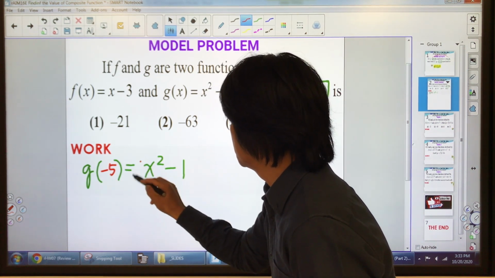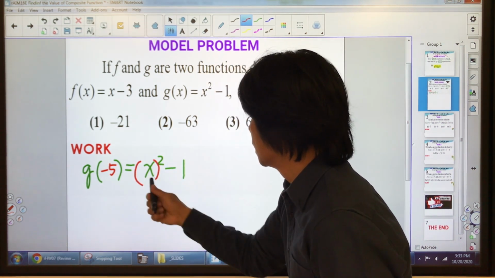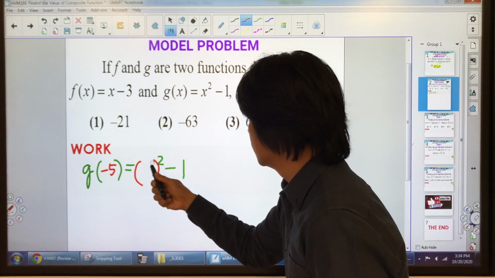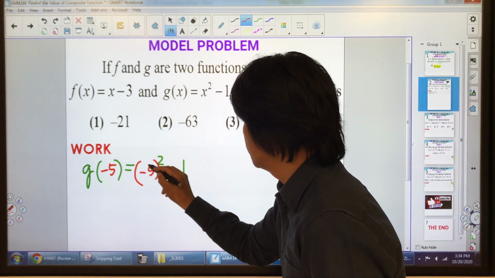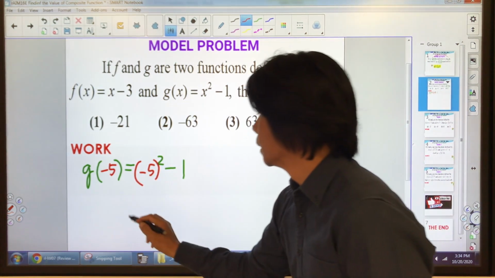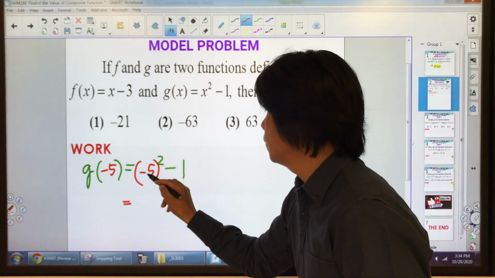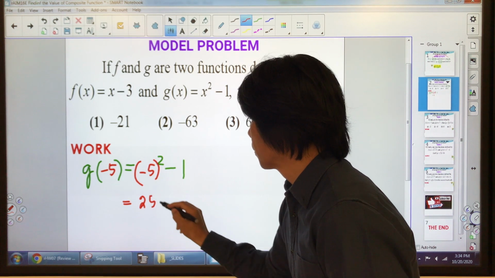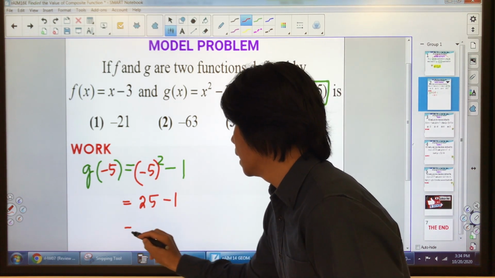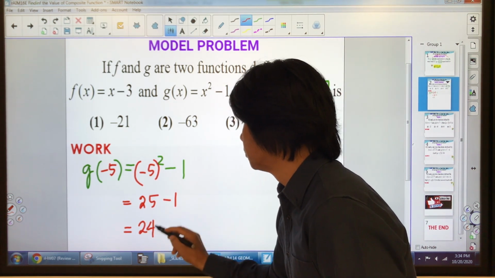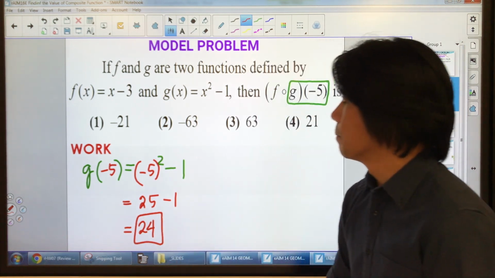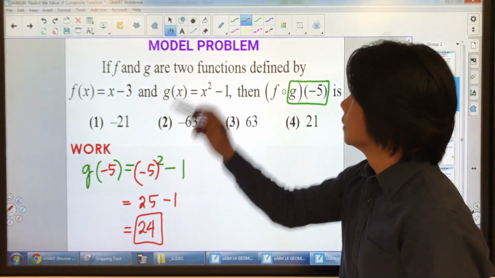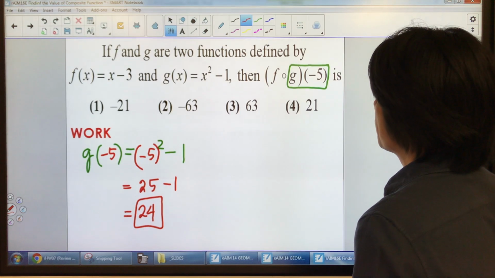We need to put parentheses around the negative 5. Equals negative 5 times negative 5 is 25, minus 1, and that's 24. We're not done yet. That's the first part.